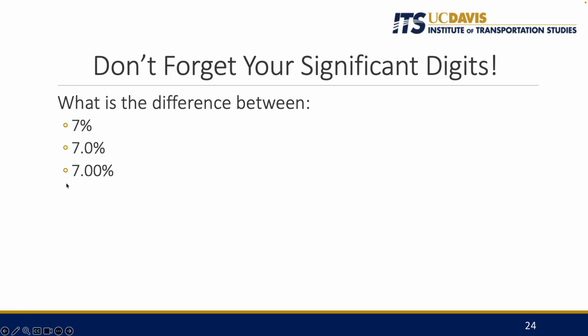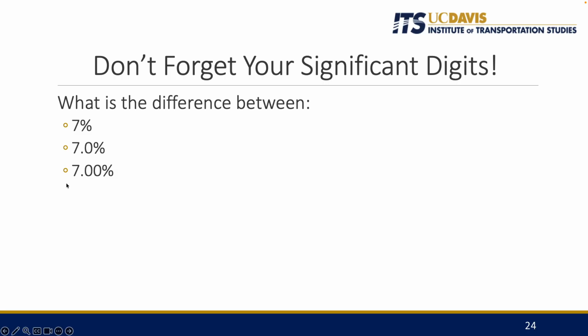Okay, so who can tell me what the difference is between these things? So 7%, 7.0%, 7.00%. What's that? Precision, yeah, precision.